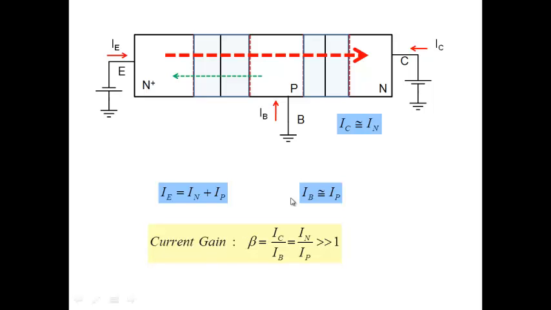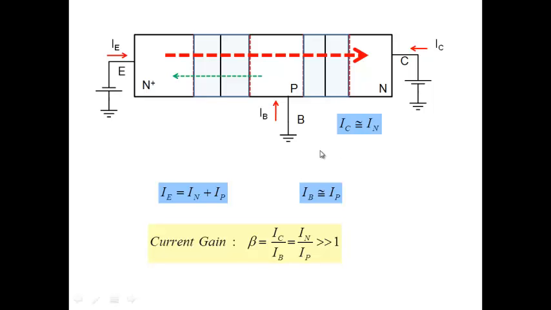So if I look at the ratio of the collector current and the base current, IC by IB, I get the ratio IN by IP. And we said by making emitter N plus and base P, the ratio IN by IP is much, much larger than 1. I can get a ratio of 100, 50, 200, 250, depending on how I construct my transistor, how I take my dopings and thicknesses and all that.